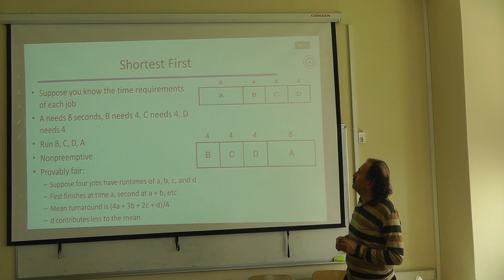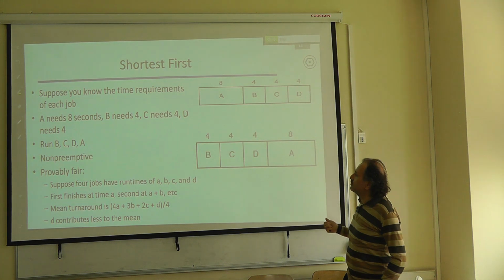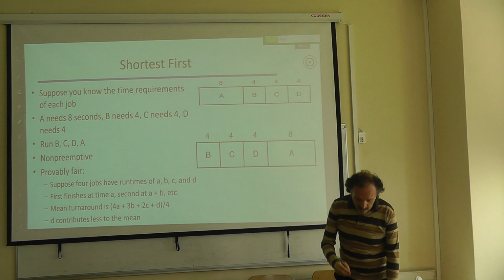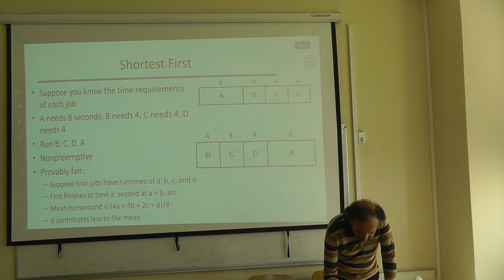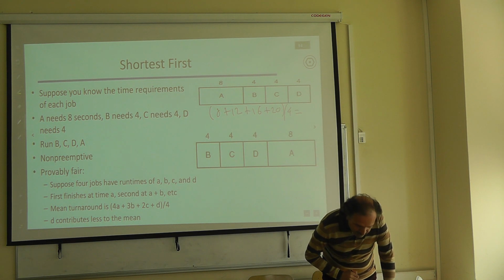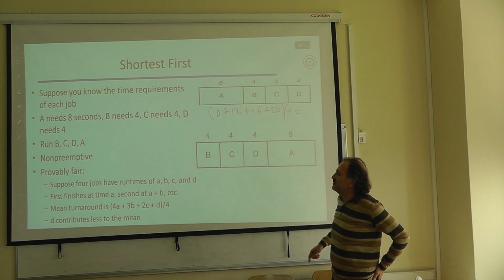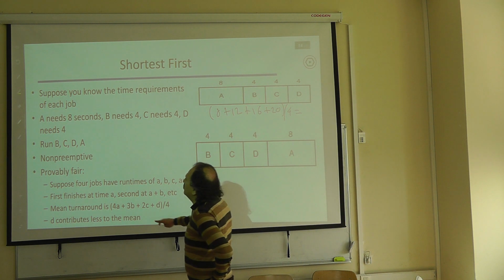So for B to finish, it will take 12 seconds. For C to finish, it will take 16. And for D, it will take 20 seconds, right? So overall, in that case, 8 plus 12 plus 16 plus 20 over 4. This is my turnaround time.